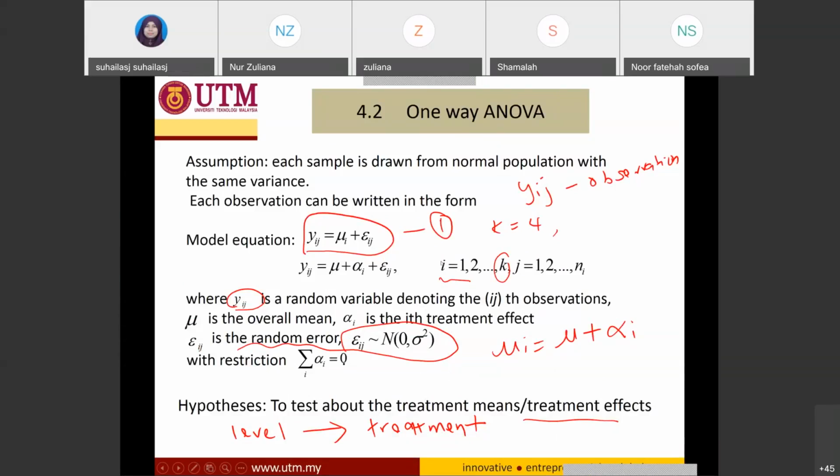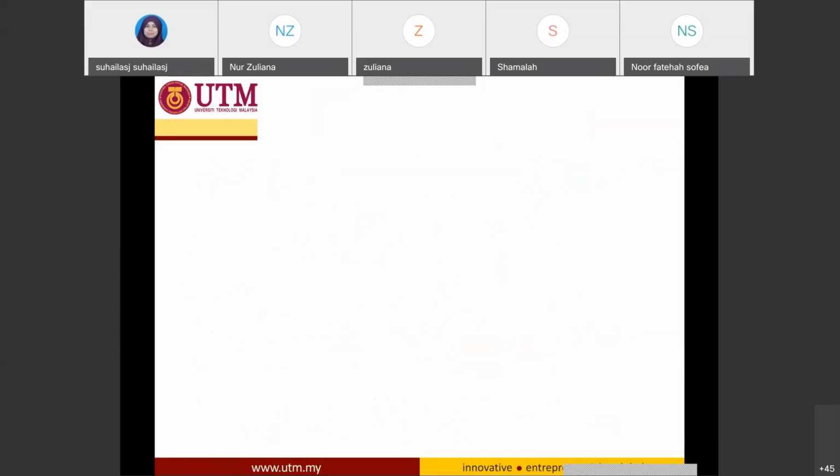The second assumption: your e_ij is normally distributed with mean 0 and variance sigma square, with the restriction summation alpha I equals 0.